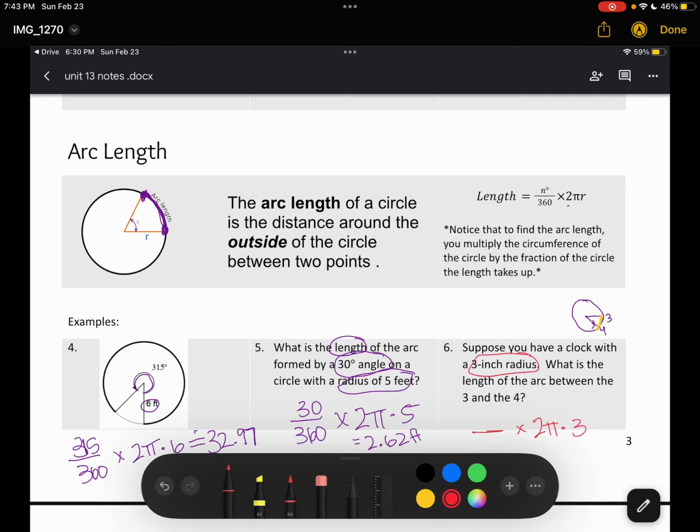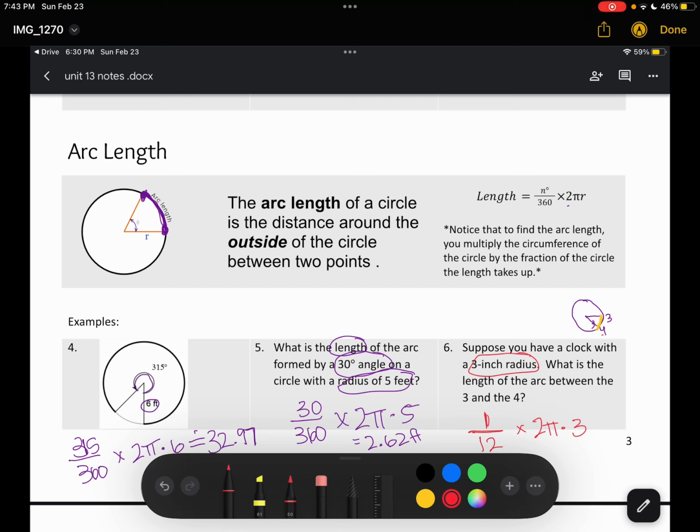And for our fraction, we're going to have to make a new fraction. So when I look at a clock, it is already divided into 12 segments. So instead of using 360 degrees, I'm going to use the idea that the whole clock goes through 12 sections on a clock. And the number of sections between 3 and 4 is 1 section.